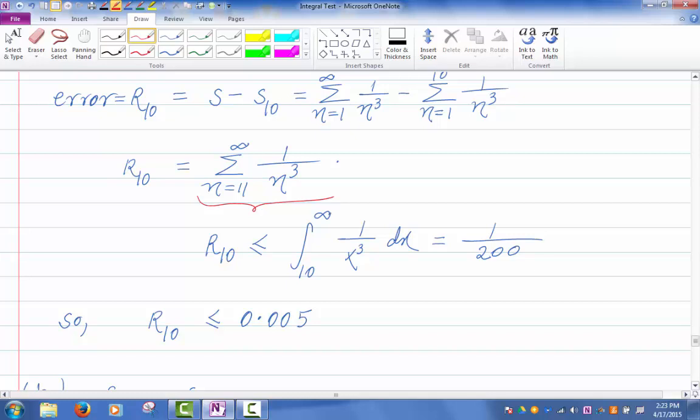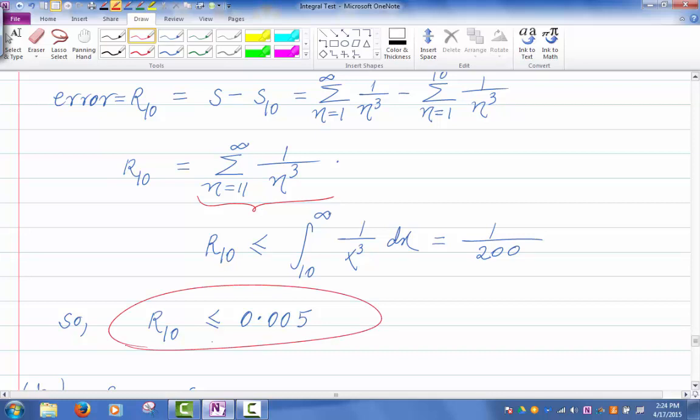However, that integral is very easy to compute. What's the antiderivative of 1 over x cubed? Negative 1 over 2x squared. And if you compute the integral, you'll see that you get 1 over 200. So this integral is 1 over 200, which is 0.005. So then I know that the error R10 is less than 0.005.